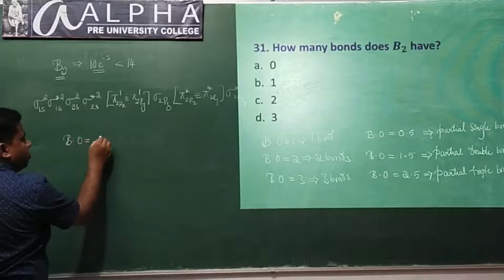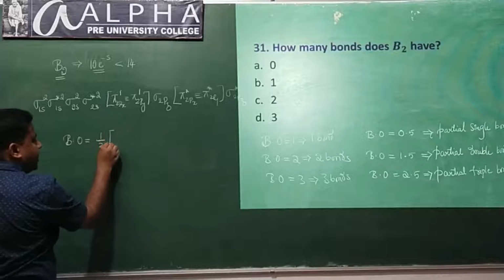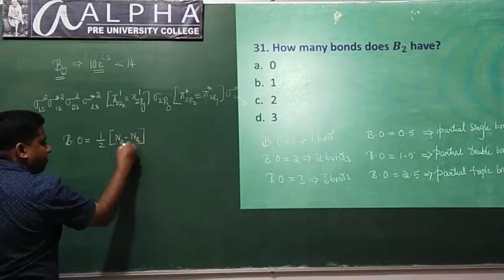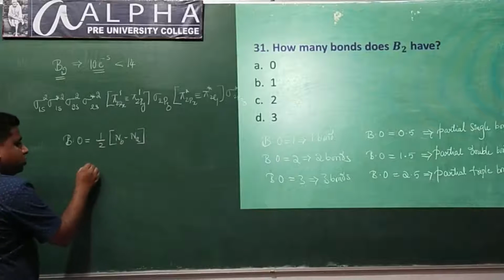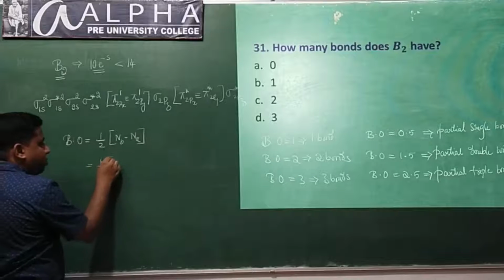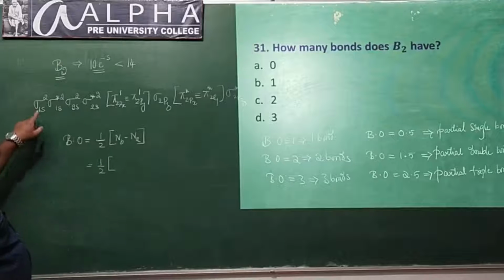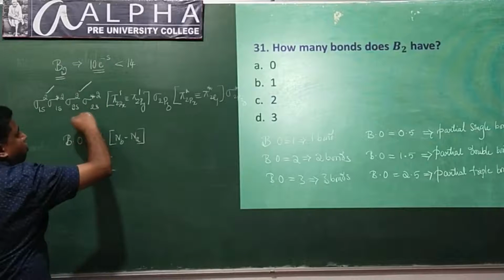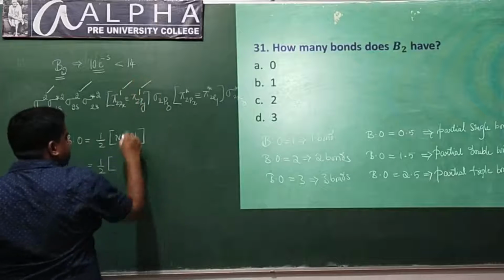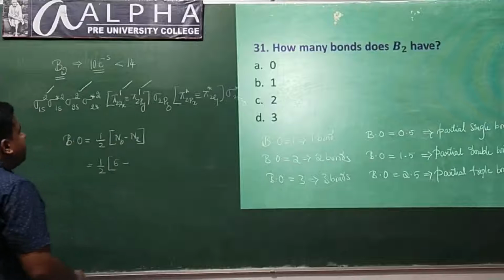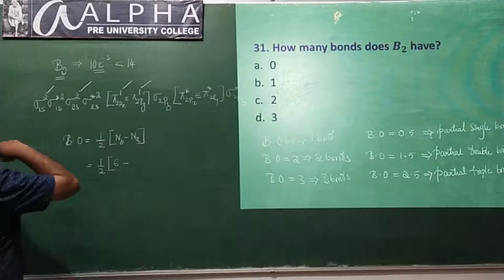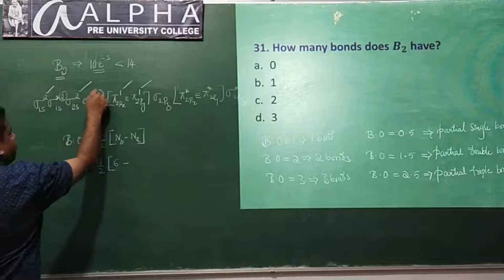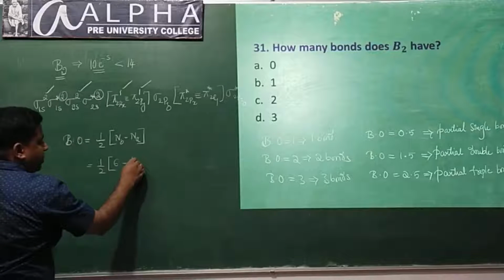Bond order is equal to half of N_b, the number of bonding electrons, minus N_a, the number of anti-bonding electrons. The number of bonding electrons is 6, minus the number of anti-bonding electrons, which is 4.